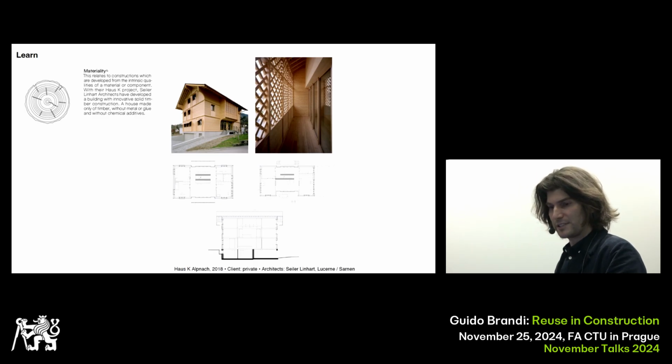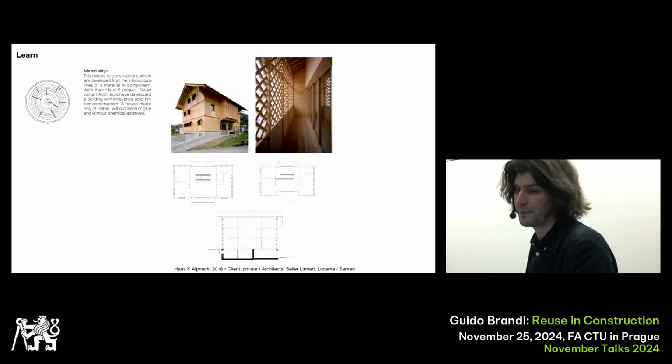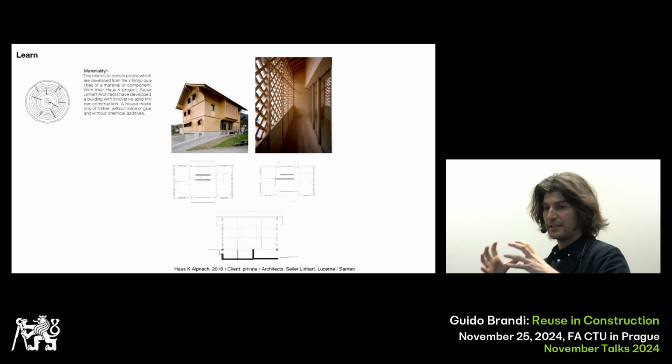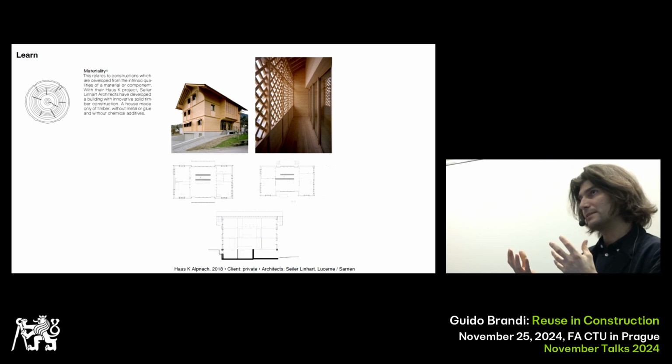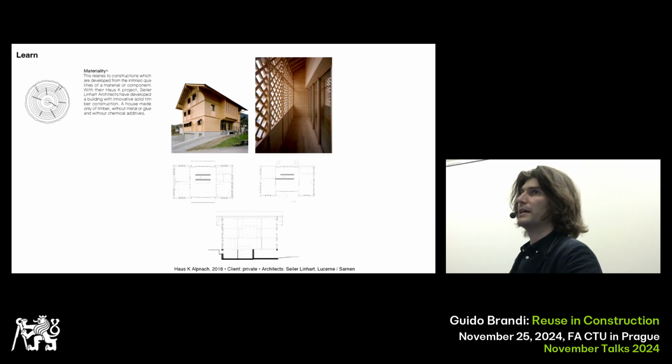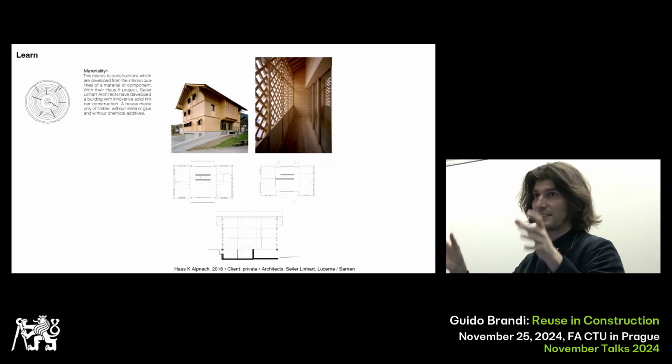But we find this project from Seiler Lienhardt in Alpnach in Switzerland interesting, because they did this small house where every element above the ground floor is massive wood, so the slabs, the facade.